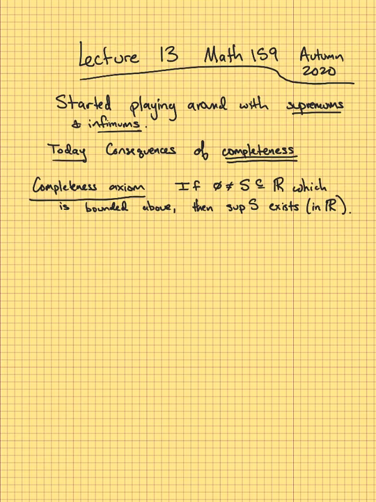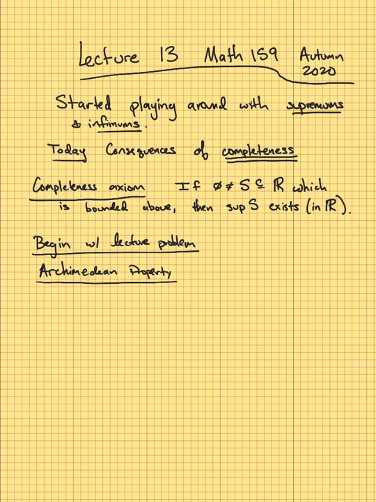Okay? So I'm going to begin with what's going to be the lecture problem for Friday's office hours, which is the Archimedean property. There's a proof in Sally, but he states it slightly differently than the way I state it. So it's a good exercise to prove this for yourself.